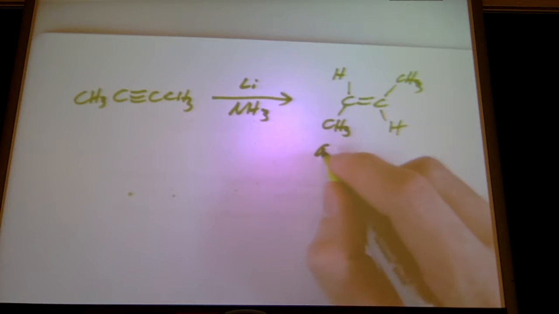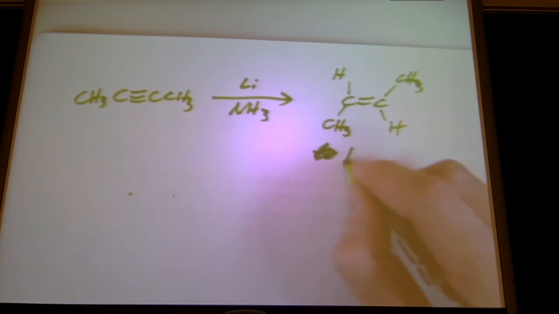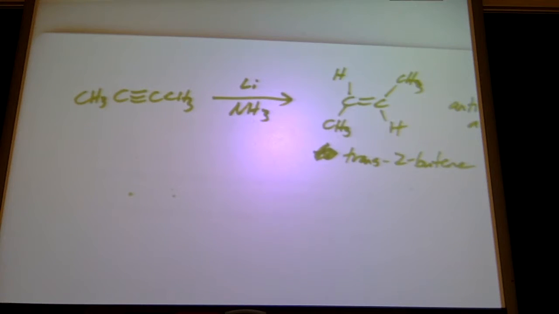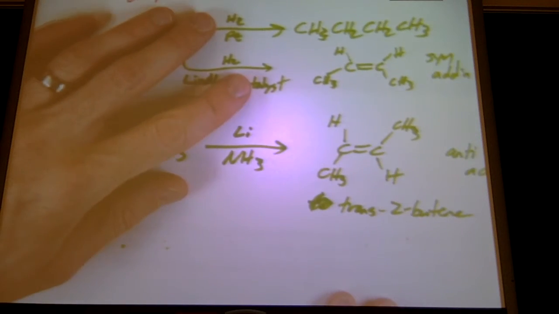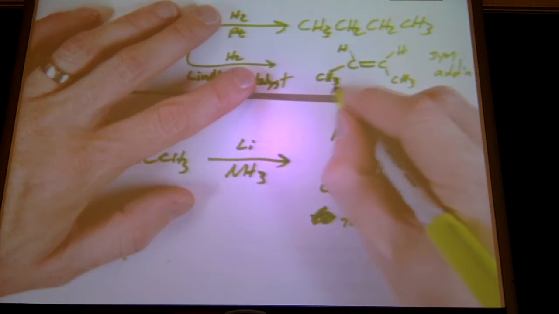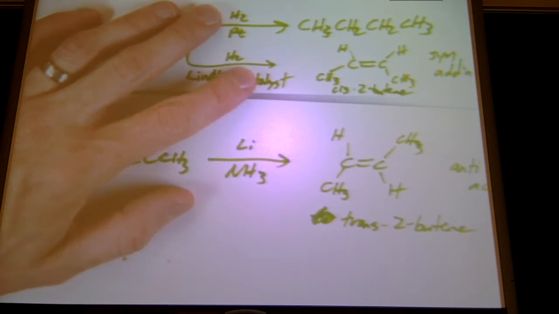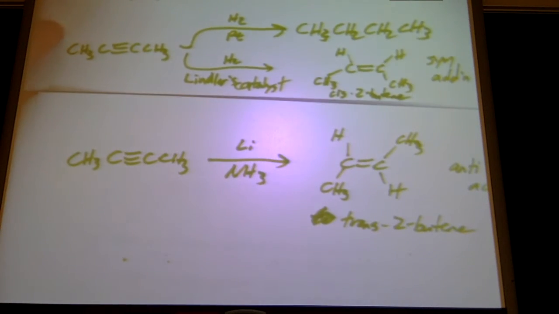In this case, I get trans-2-butene. Anti-addition. So here I had cis-2-butene.